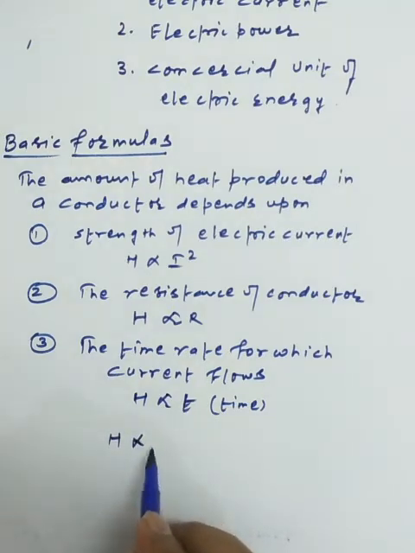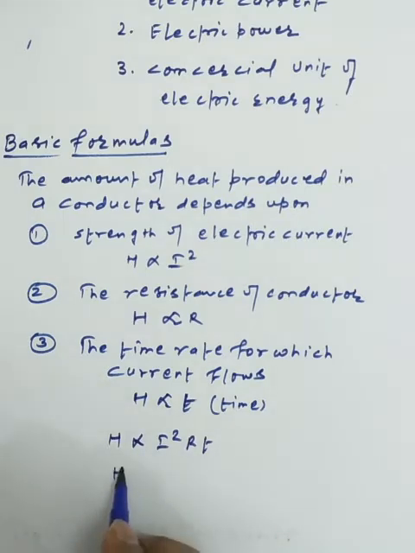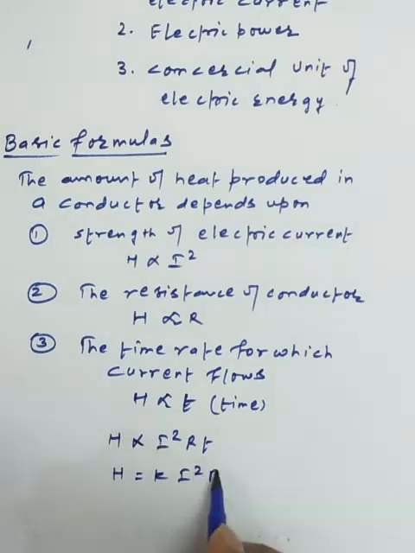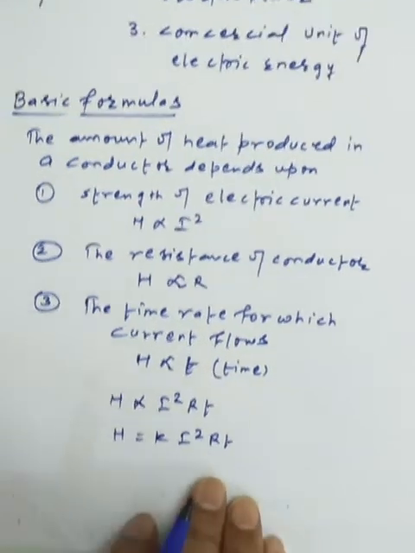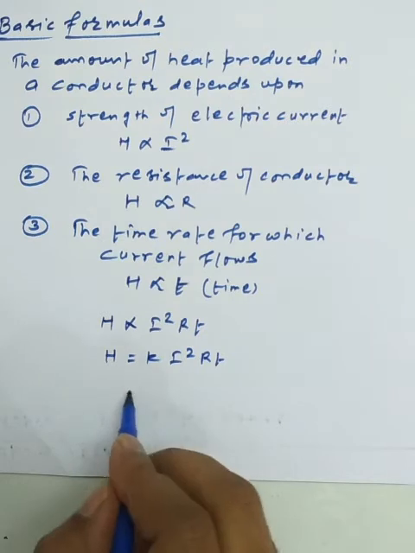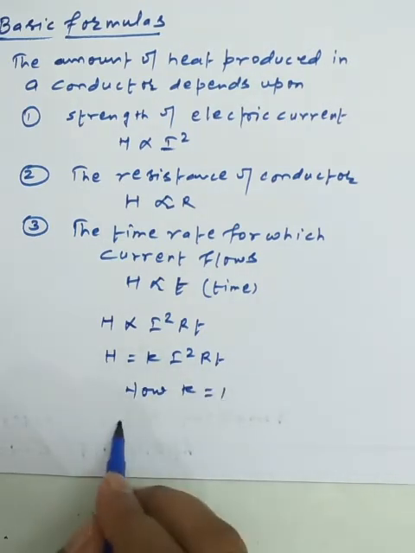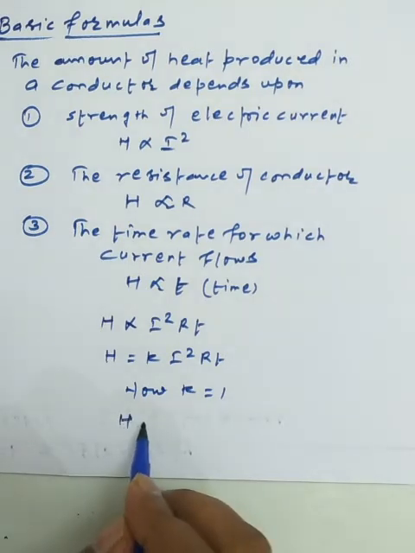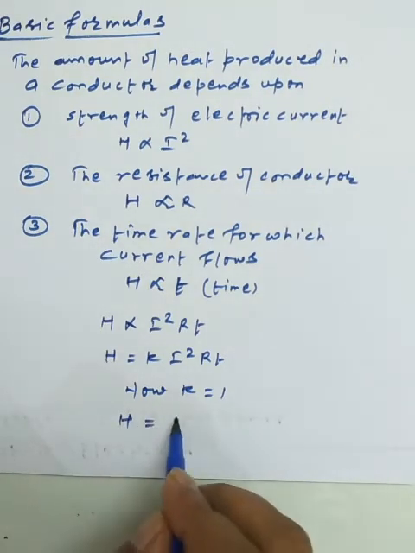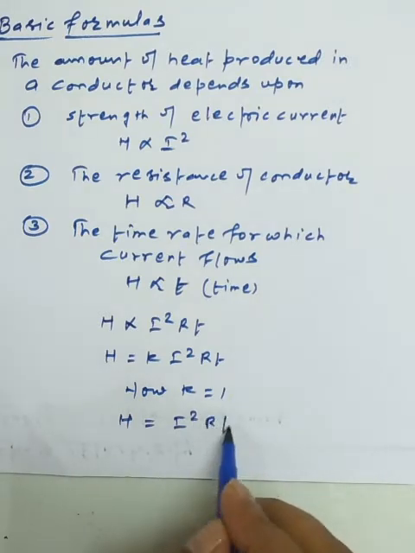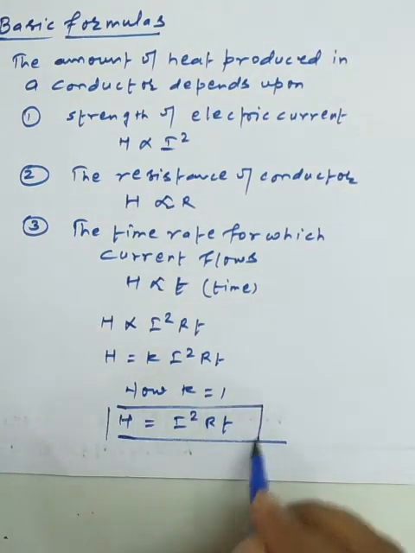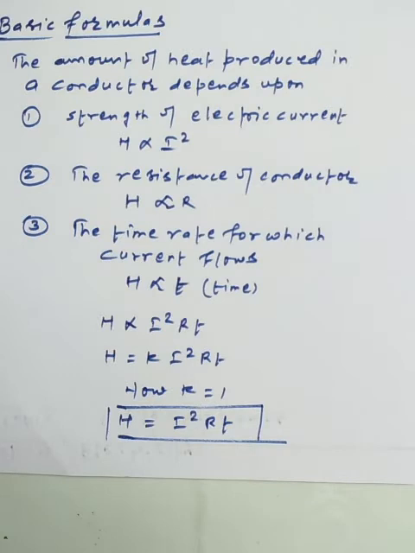H is directly proportional to I square RT, and we take a constant K, so H is equal to K I square RT. So this is one of the basic formulas we have. Now we assume K is equal to 1, so we have the basic formula for the heat, H is equal to I square RT. This is the general formula for heat, that means a type of energy, a type of work done.